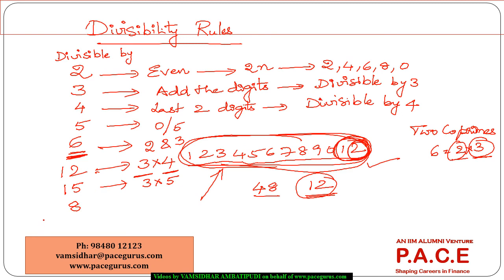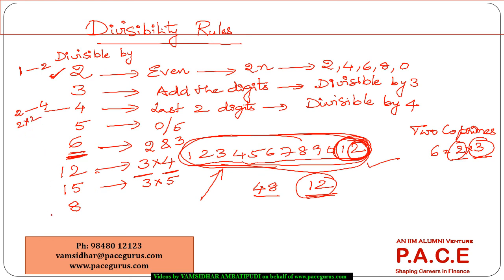How do I assess if a particular number is divisible by 8? If you see the pattern, a number is divisible by 2 if the last one digit is divisible by 2. A number is divisible by 4 if the last two digits are divisible by 4, because 4 is nothing but 2 into 2.